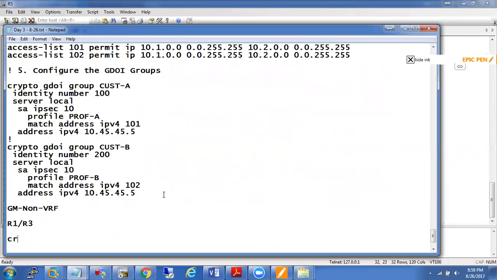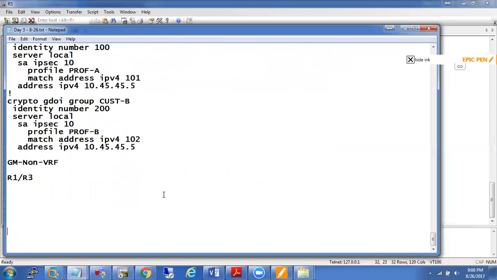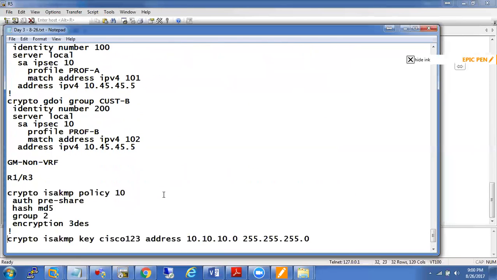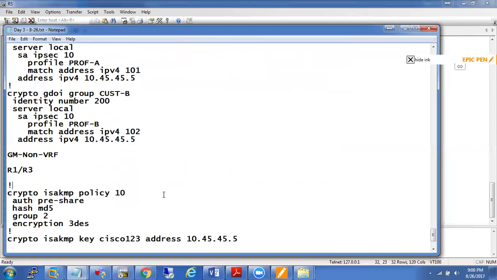Crypto, I'll just copy it because the phase 1 remains the same. Cisco123, and my address is 10.45.45.5. This is step 1, which is phase 1.